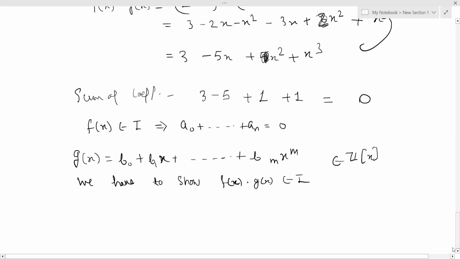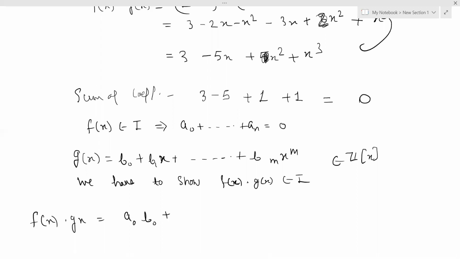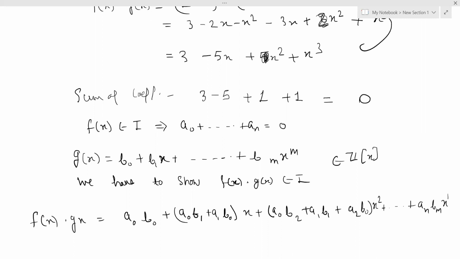So what is f(x) dot g(x)? a naught b naught plus (a naught b1 plus a1 b naught) x plus (a naught b2 plus a1 b1 plus a2 b naught) x squared plus so on, an bm x to the power n plus m.